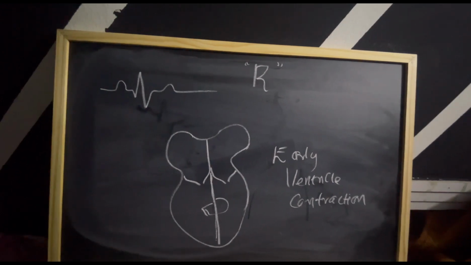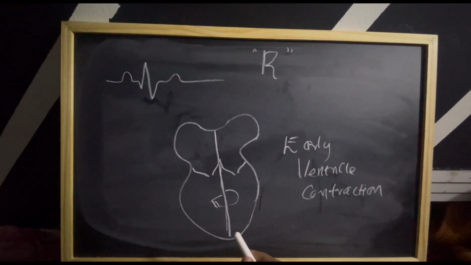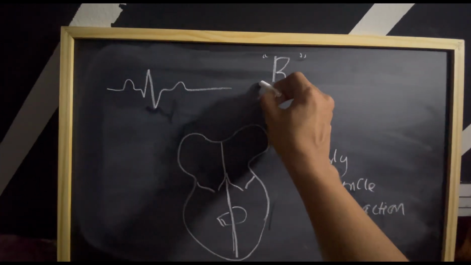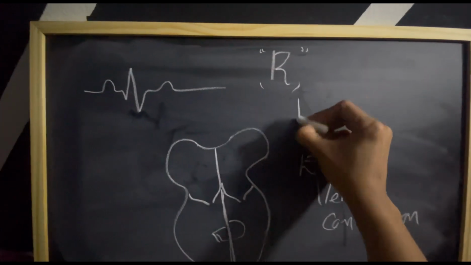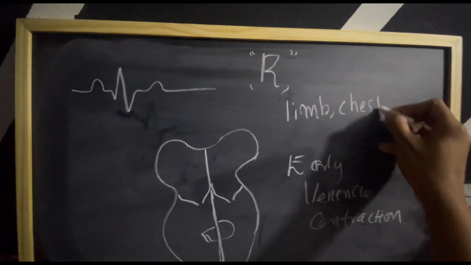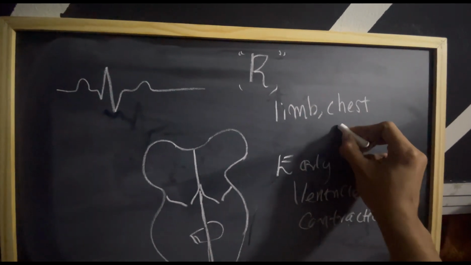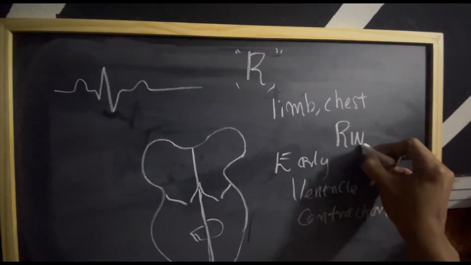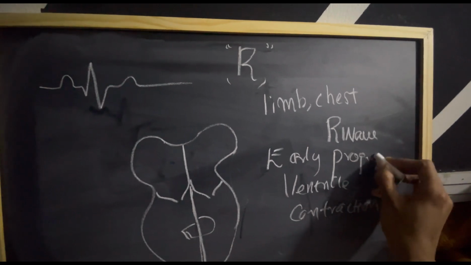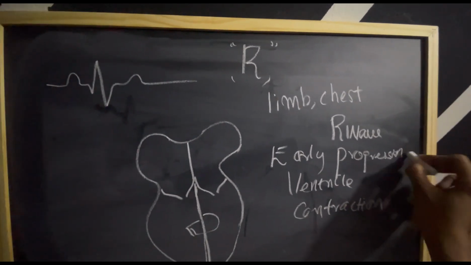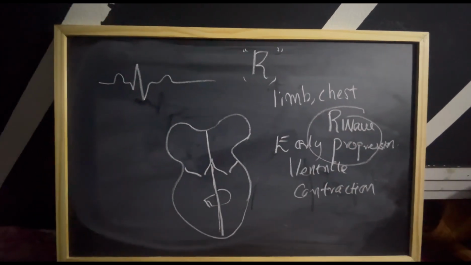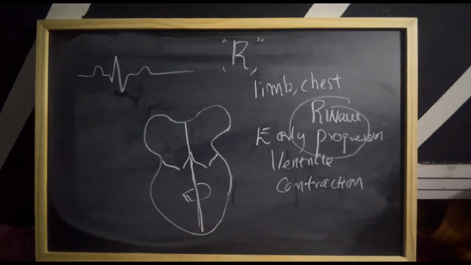As I told you, the P wave and Q wave we can see specifically in some leads. The R wave is not like that. In every lead, including the limb and chest leads, we can see the R wave in a different fashion. That is known as R wave progression. This is an important part of the ECG, so we will discuss it in the upcoming videos.